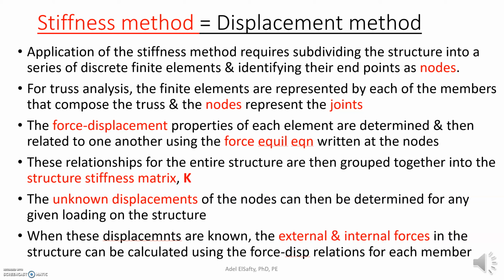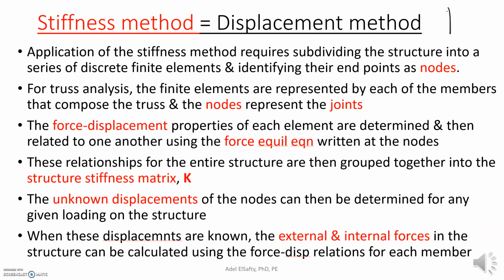So let's expand a little bit on the applications of the stiffness matrix and how we subdivide the structure into a series of smaller discrete finite elements, and then identify the endpoints. The endpoints for the structure, we'll call nodes.